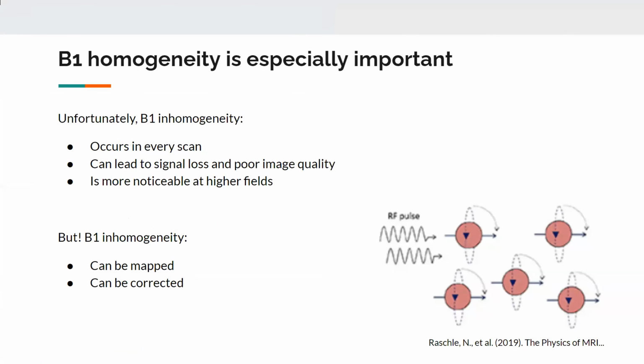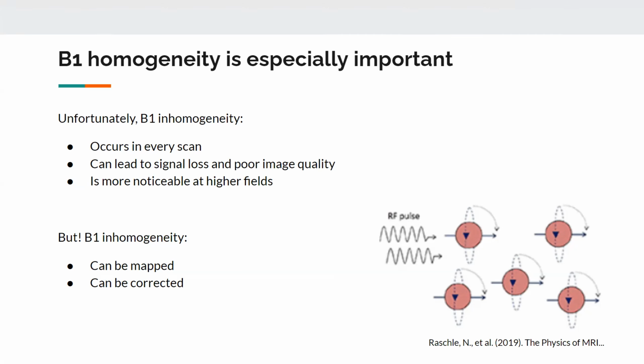Yeah, so overall, I hope we were able to show that B1 inhomogeneity occurs, why it occurs, and that it can lead to signal loss and poor image quality, and it can be crucial when trying to diagnose things from MR images.